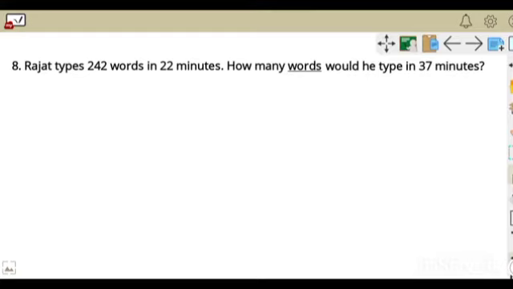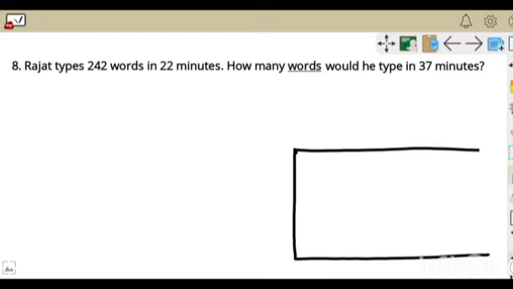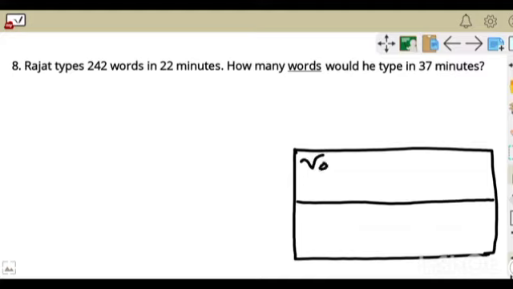Okay, I'll draw the table first. Here I'll write number of words. Below that I'll write time. So time is measured in terms of minutes for this question.